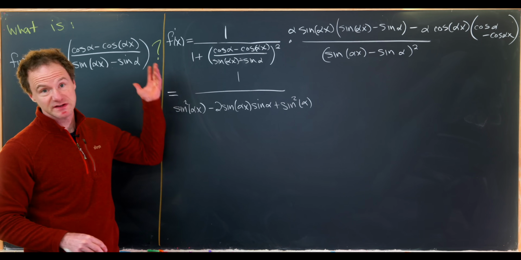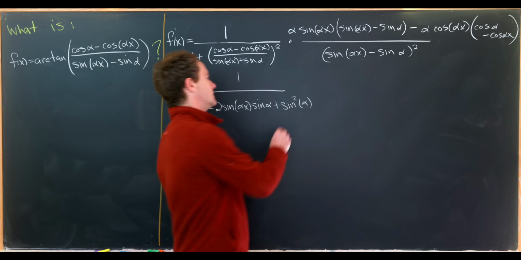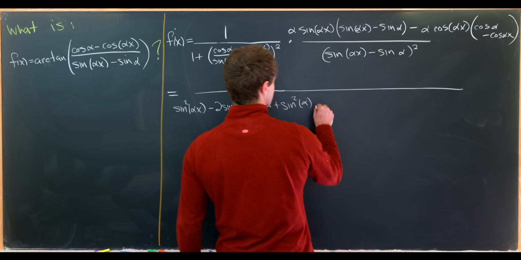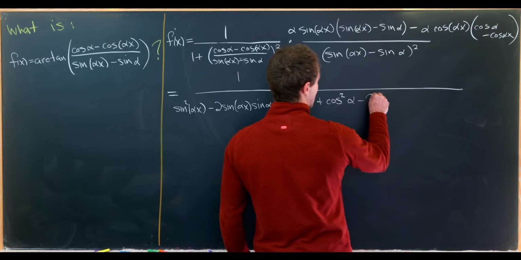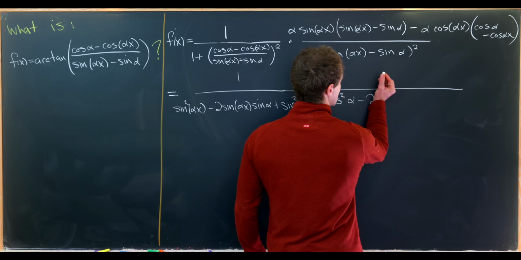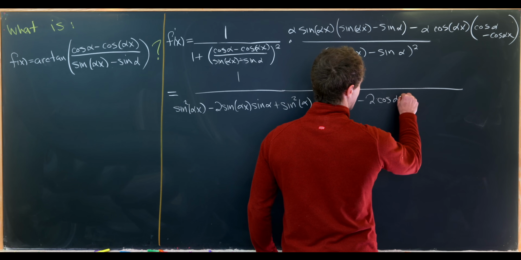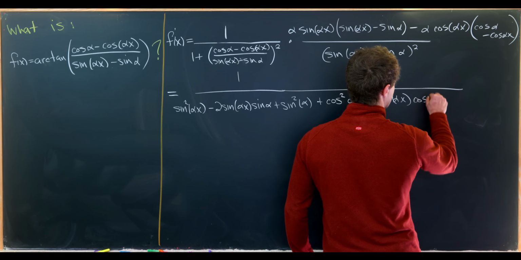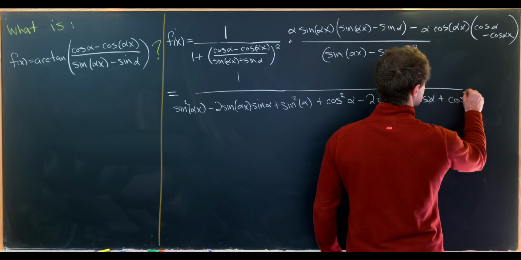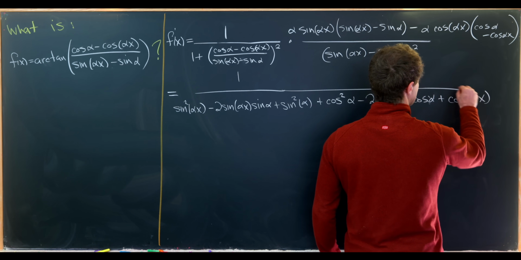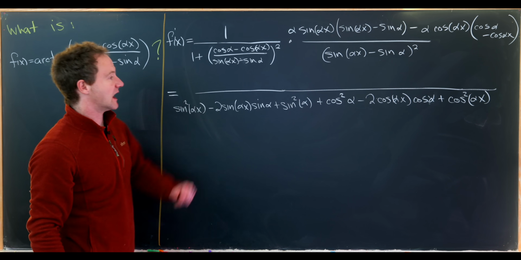And then we'll have the cosine type term squared as well. So what will that leave us with? We'll have the cosine squared of alpha minus 2 cosine of alpha x times cosine of alpha plus cosine squared of alpha x. So that's what we get in the denominator.